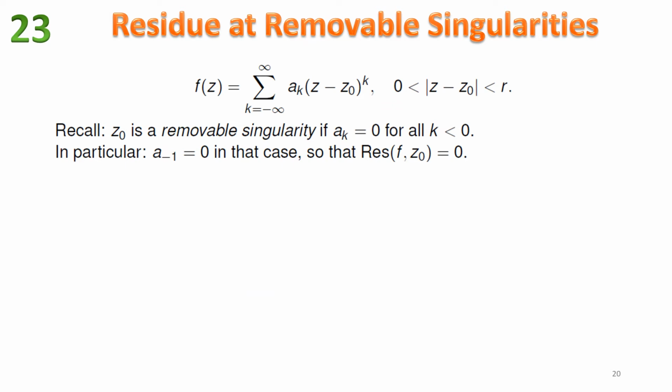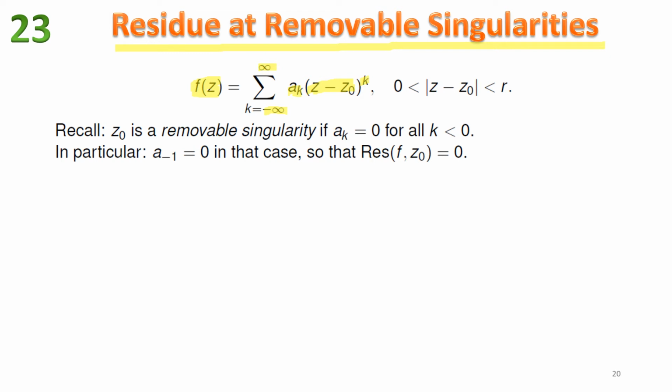Now we shall deal with the residue at removable singularities. So the given function that we are considering, f of z, can be expressed as the Laurent series ak times (z minus z0) to the power k, where k runs from minus infinity to plus infinity.